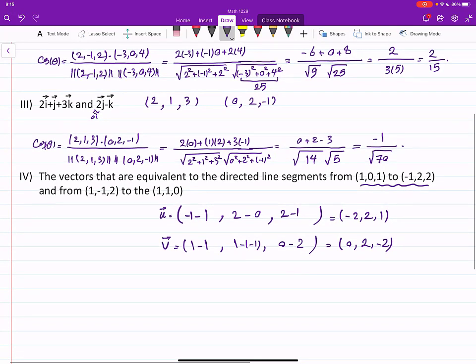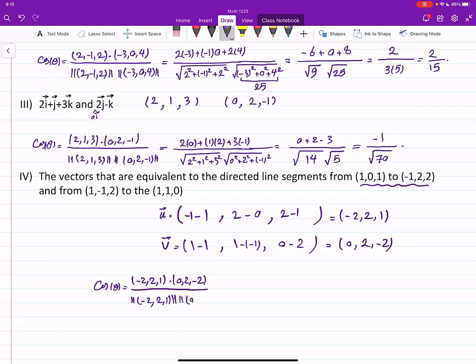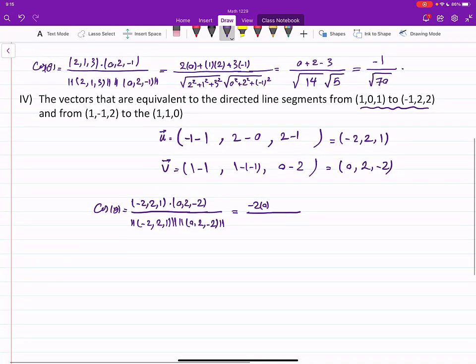Okay. Now we are looking for cosine theta. It will be u dot v, so (-2, 2, 1) dot (0, 2, -2) over the length of (-2, 2, 1) times the length of (0, 2, -2). So this way we have -2 times 0 plus 2 times 2 plus 1 times -2.